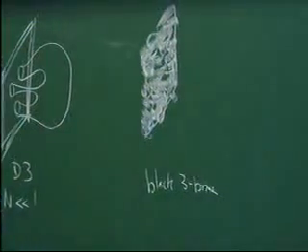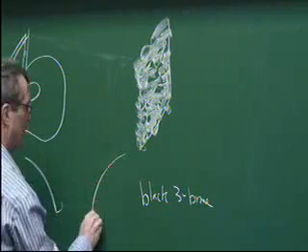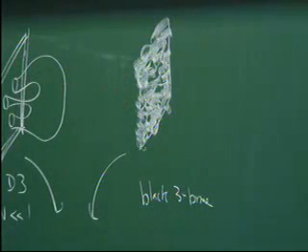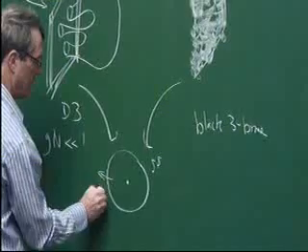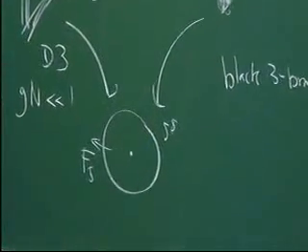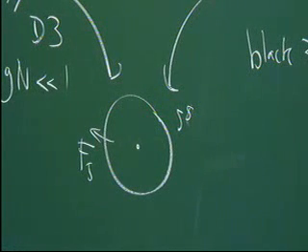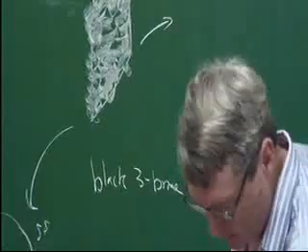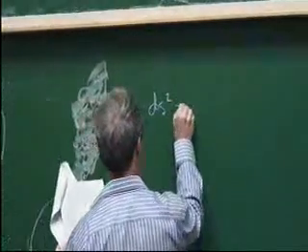And what it has in common with the D3 branes is that they both carry, so a three-dimensional object in 10 dimensions is surrounded by a 5-sphere, and they both carry the same 5-form flux integrated over that 5-sphere. So they have the same charge. And the metric of this, which for now I'm just going to write down, you have to believe me, but later on we'll not derive it completely, but get some of its scaling properties.